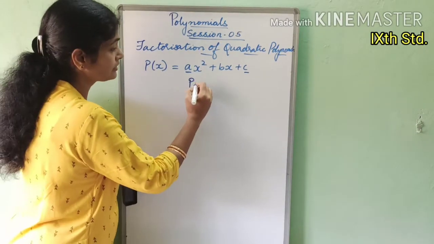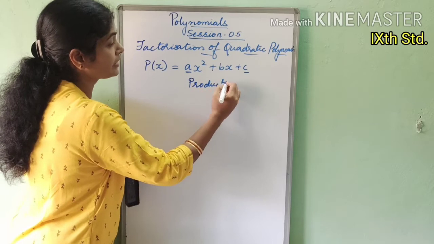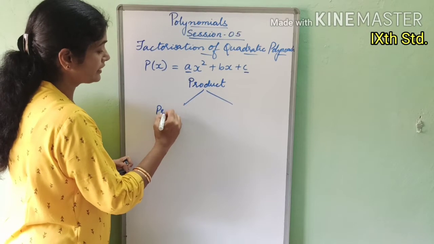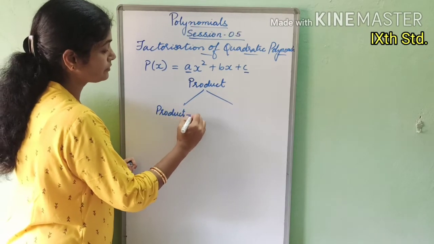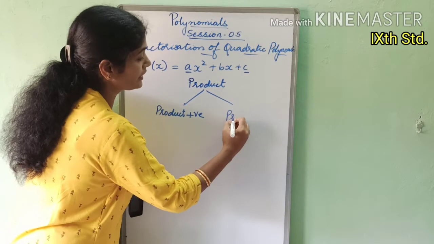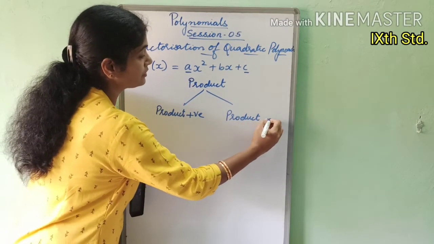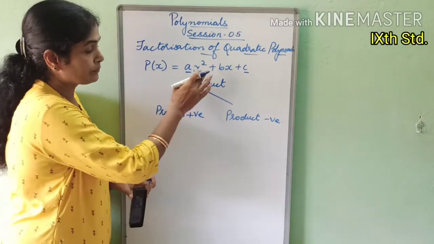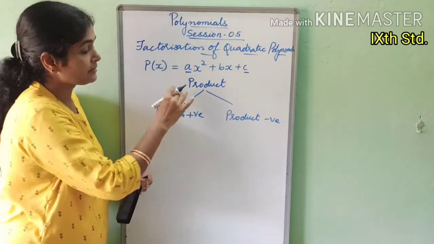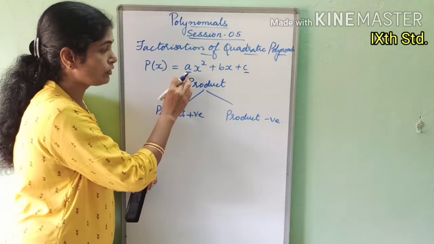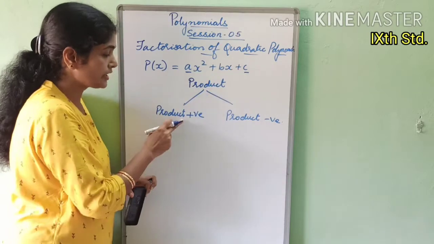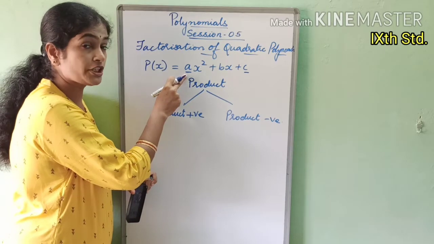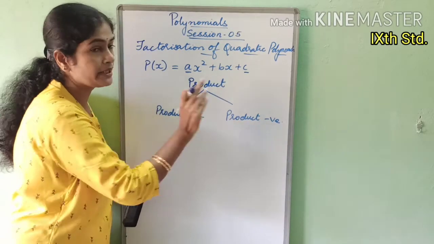So we can broadly divide the quadratic polynomials based on the product into two types: product positive and product negative.